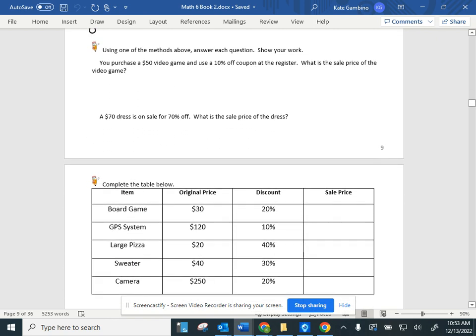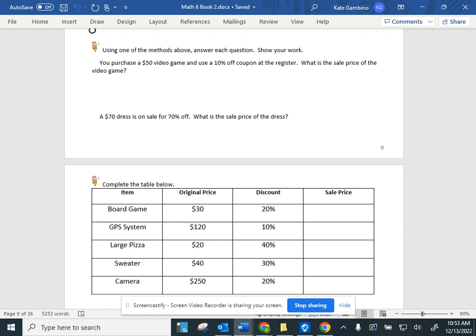Using one of the methods above, answer each question. Show your work. So you're not just going to figure out what the equation is, put it in your calculator and write an answer down. You're going to write what work you're doing, just like we did up in the examples. You're going to do it on here.